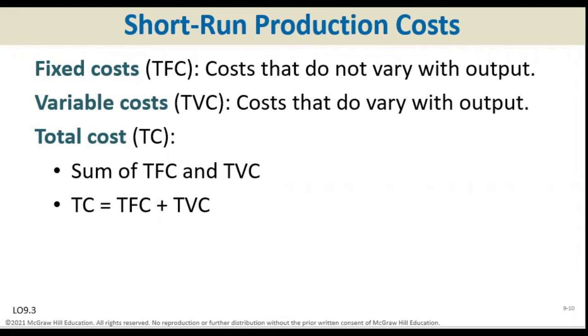Variable costs are costs such as payment of raw materials, fuel, power, transportation, service, and labor. And the total cost is the summation of the fixed cost and the variable cost at each level of output produced.